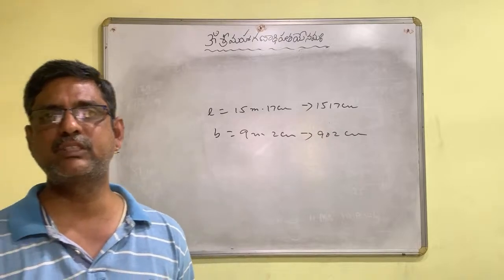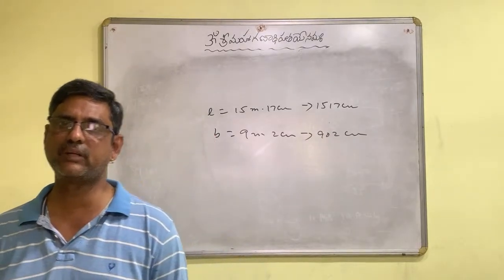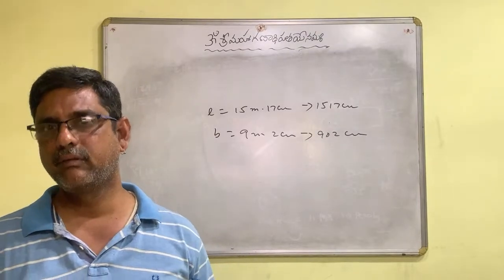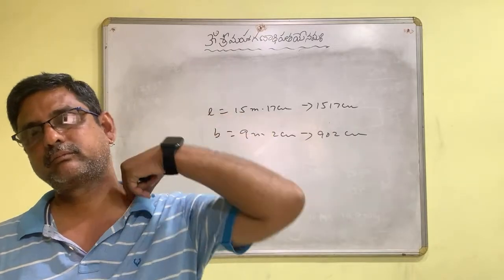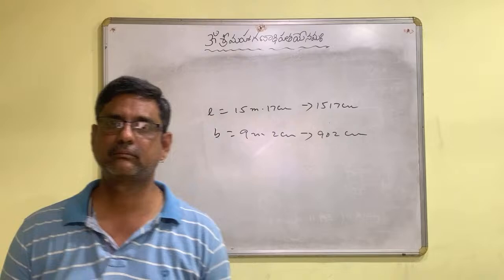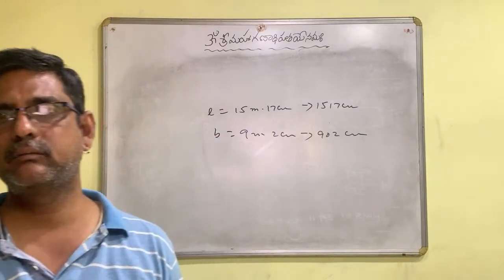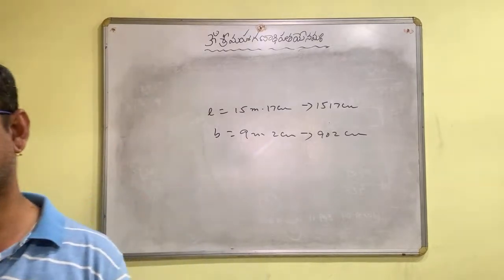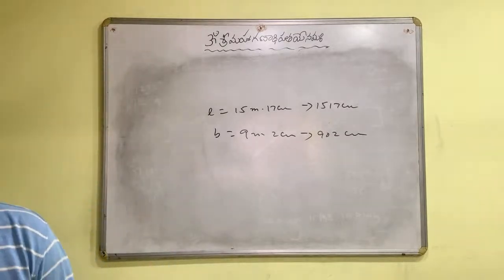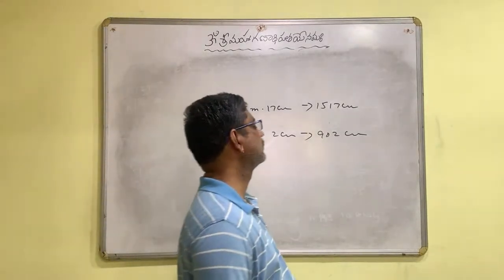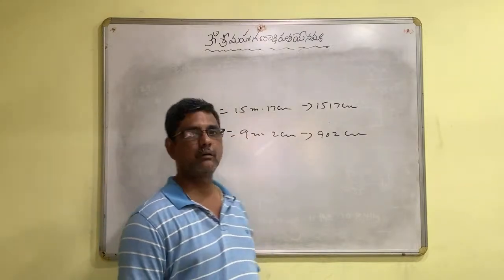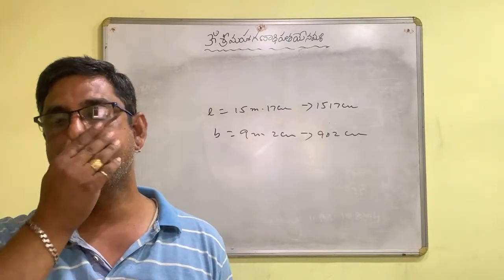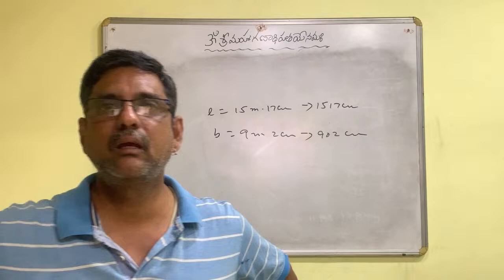1517 will go in which table, right? It goes in which table? Eleven table? No. 1517, 12 plus 2, 14.